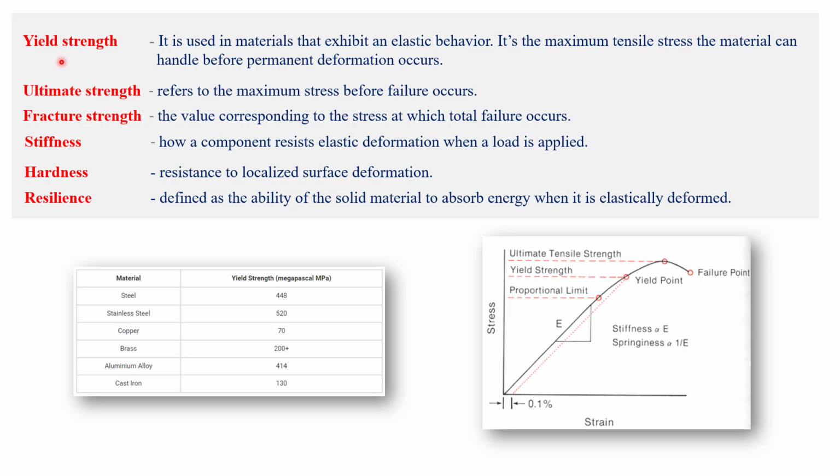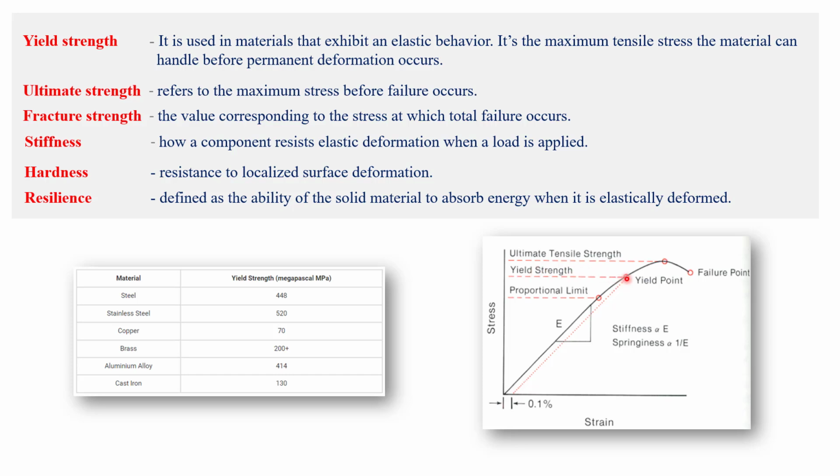I'd like to activate the pointer. The first thing is the yield strength, what exactly it is. So very important term you need to remember. So we call it as the maximum tensile strength that the material can handle before the permanent deformation. If you consider this particular stress strain curve, you could see this is the point where we have the elastic strength.